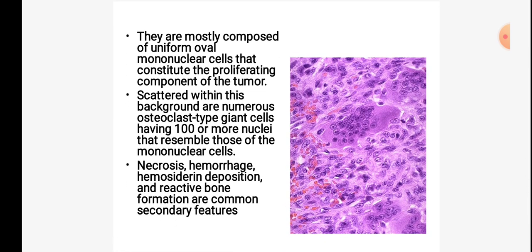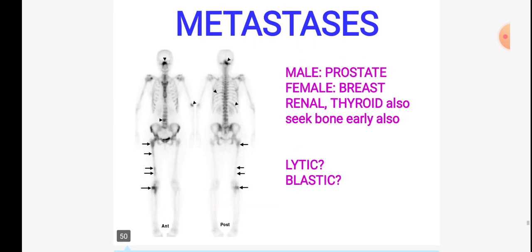They are mostly composed of uniform oval mononuclear cells that constitute the proliferating component of the tumor. Scattered within this background are numerous osteoclast-type giant cells having 100 or more nuclei that resemble those of the mononuclear cells. Necrosis, hemorrhage, hemosiderin deposition, and reactive bone formation are common secondary features. The metastasis can spread to prostate, breast, thyroid.